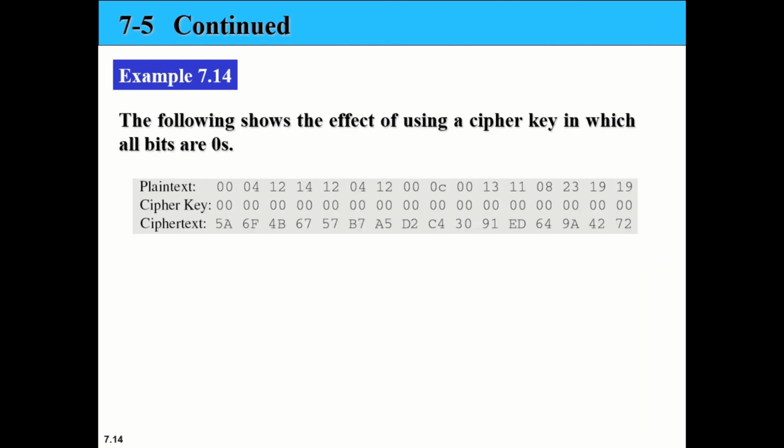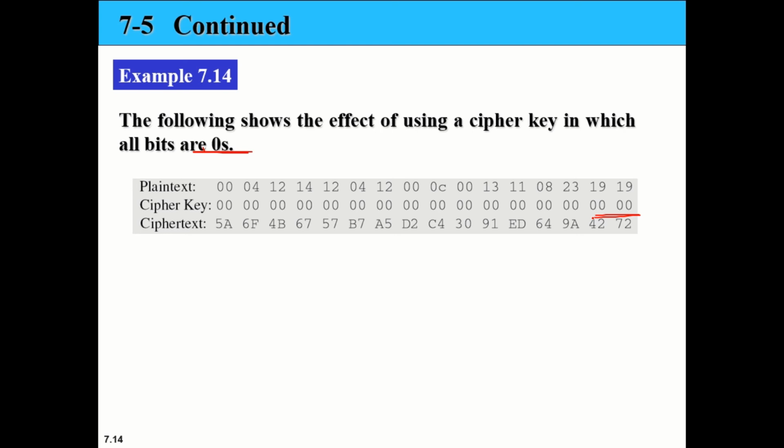Fine. Now this shows the effect of using a cipher key which has all the bits as zeros, right? So this thing we discussed in a previous class as well. I told you, if you use a key which is having all zeros, then what happens? Then in pre-round and round 1, all the bits in the key will be 0.